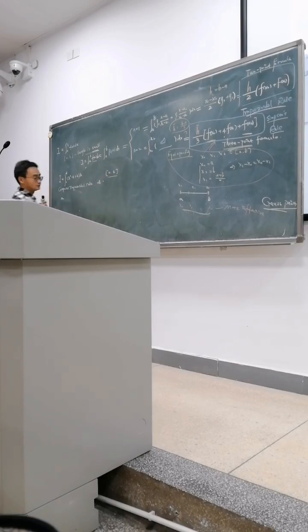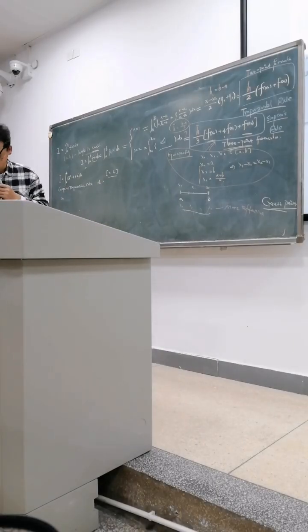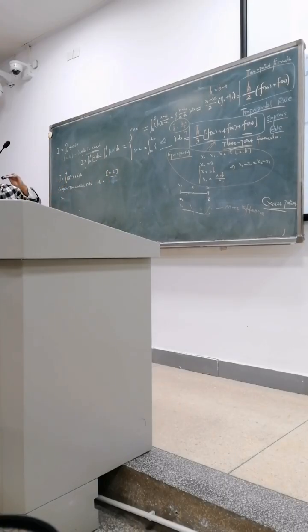If we partition this into 4 subintervals, the length of the subinterval h, we directly apply this formula. Here it should be b minus a over n, with n equal to 4.